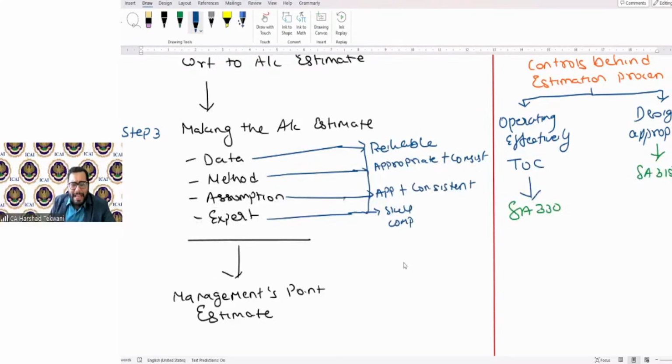All these things I'll check with respect to my SA 330. I'll perform the test and check with SA 330.